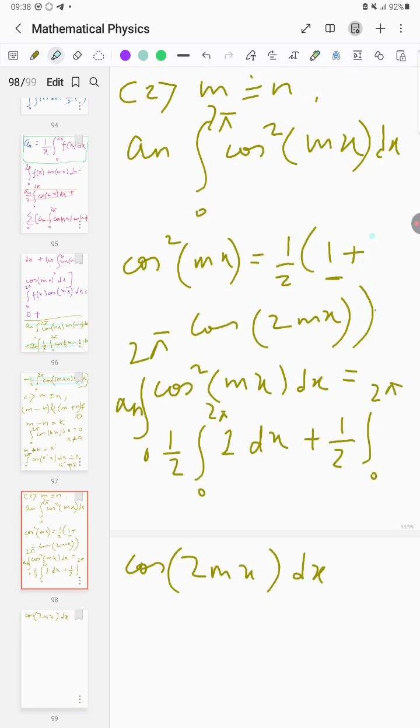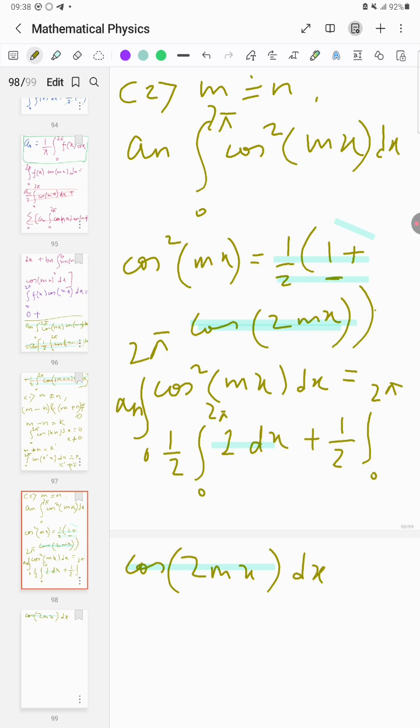This was the second term, right? Let me highlight. The first term was 1, isn't it? And the second term was cos 2mx. So we have put the second term here, cos 2mx, and put the first term here, 1 dx. Now what does the first integral give us?